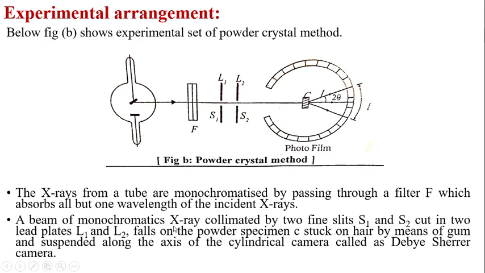A beam of monochromatic X-ray collimated by two fine slits S1 and S2 cut into two plates L1 and L2 falls on the powder specimen C, stuck on by means of gum and suspended along the axis of the cylindrical camera, called the Debye camera.